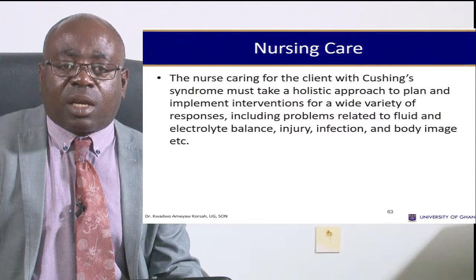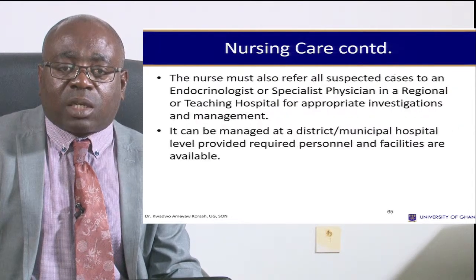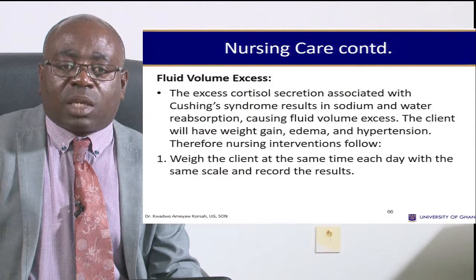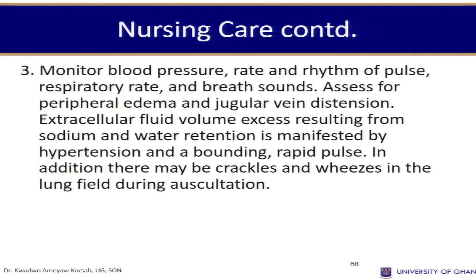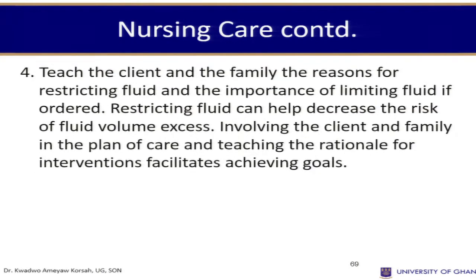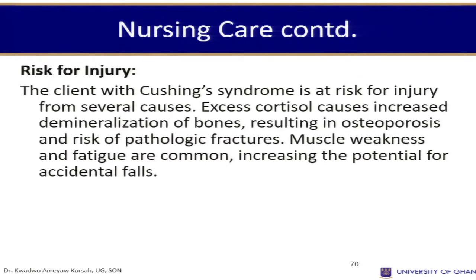And the nursing care is very important, and we need to consider fluid volume excess, and then you need also to monitor blood pressure, teach the client and the family the reasons for restricting fluid, and the importance of limiting fluid if ordered by the doctor, and the risk for injury.